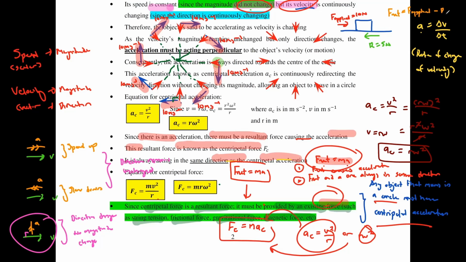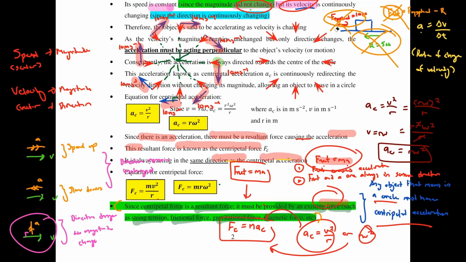So you see this F net, the resultant force, only came about because of these two existing forces. If I didn't have my applied force and I didn't have my resistive force here, there is no F net. So F net is something that only arises when there are some other existing forces. That's what this statement is trying to tell you. It doesn't exist by itself. It's actually provided by some other existing force.